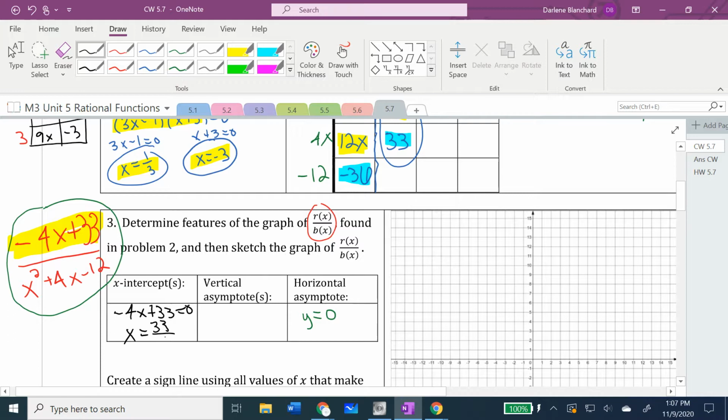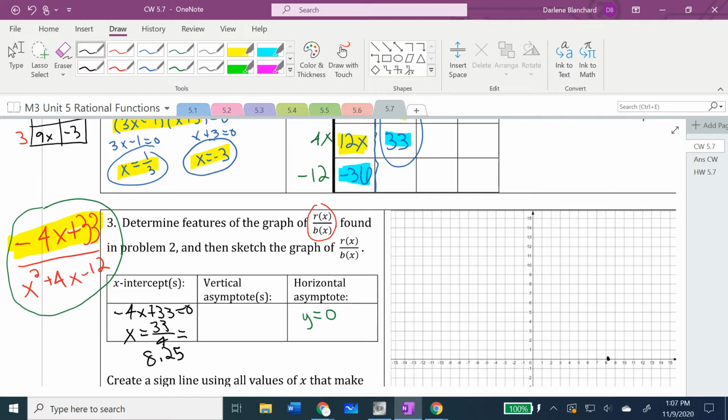As a fraction, it's 33/4. What is that as a decimal number? Yay, thank you. 8.25. I'm going to come over to the graph and plot 8.25 approximately. And that is my only x-intercept.